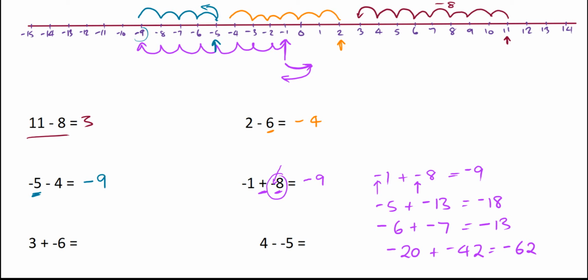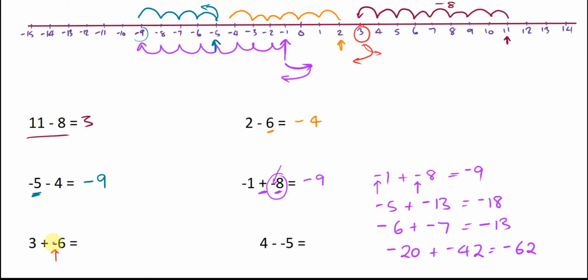Okay, let's move on. So 3 plus negative 6. Okay, I'm going to start at 3, which is here. I'm going to add. Now adding means I'm going to head off in this direction, but here I can see that there's a negative sign in front of the 6, so that means I'm going to do an about turn and head off towards more negative numbers.